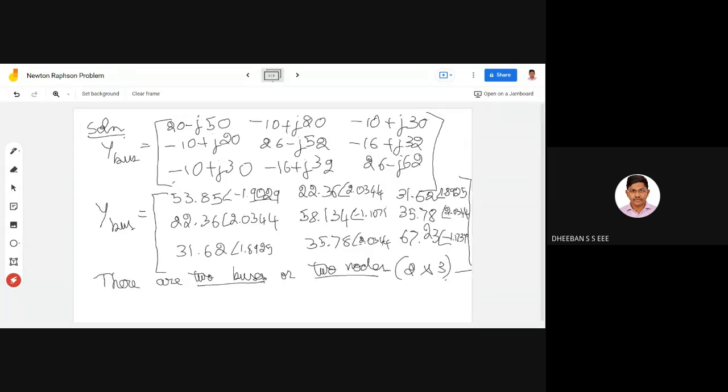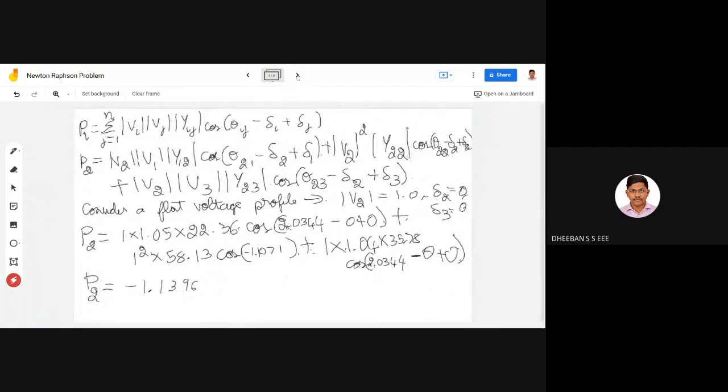At the initial stage, you convert this and the value you get is in degrees. But when you're calculating with this formula, the value you are substituting, the entire thing, you have to keep in radians. That is the equation you are putting over here.